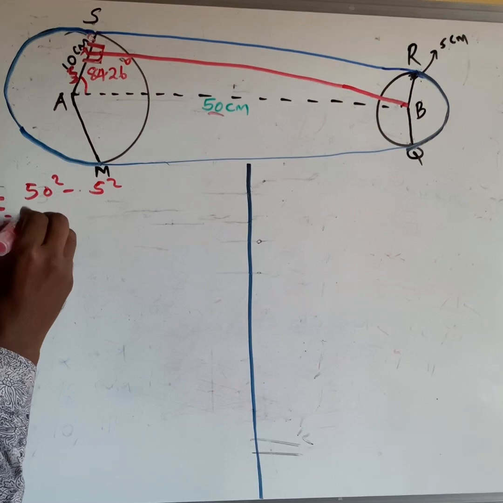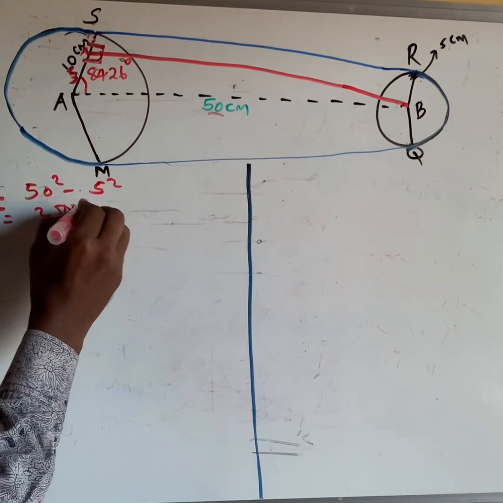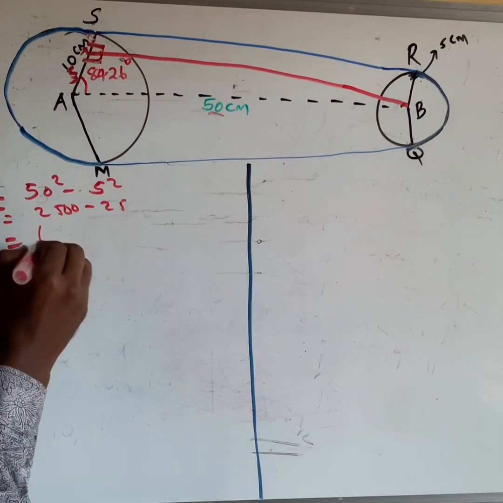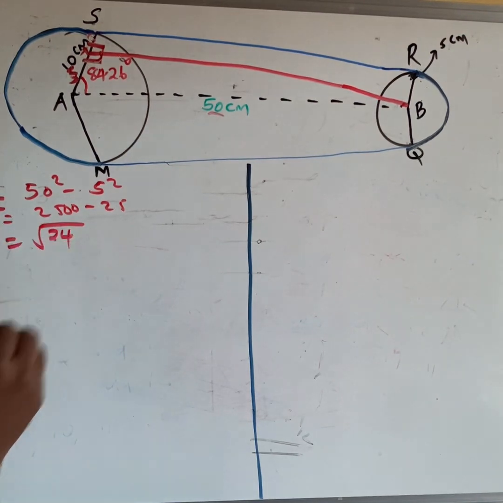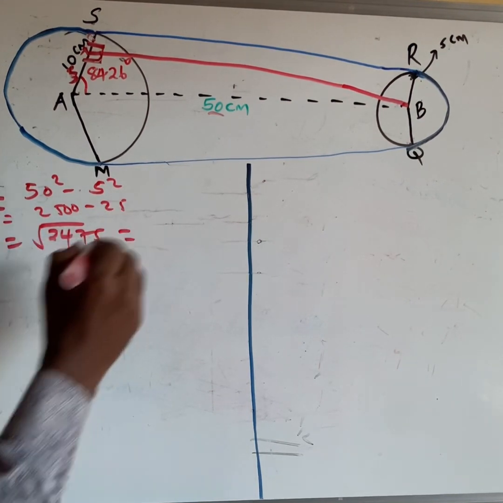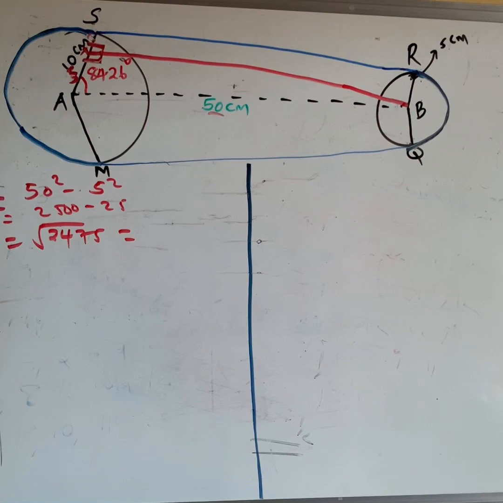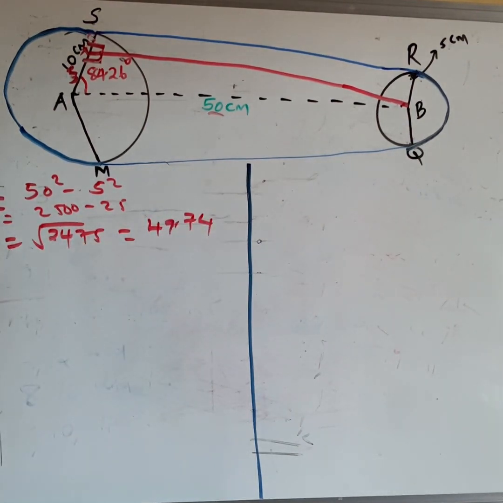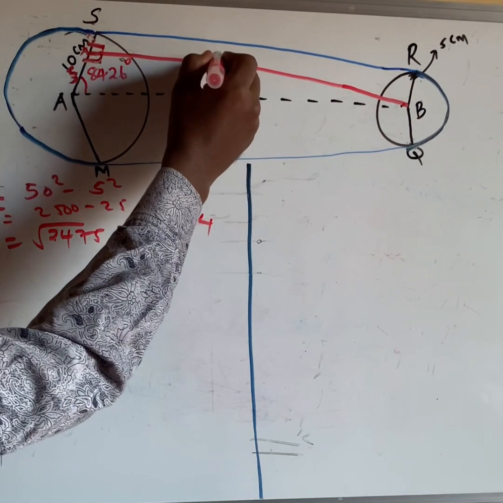This gives us 2,500 minus 25. Therefore, the height will be the square root of 2475, and this will give us 49.74.